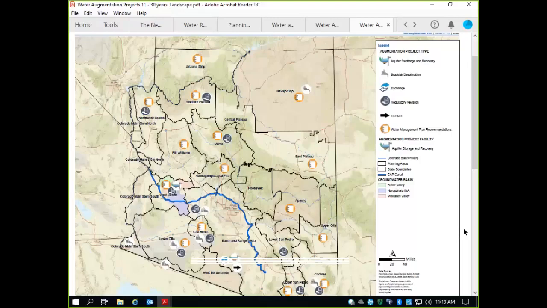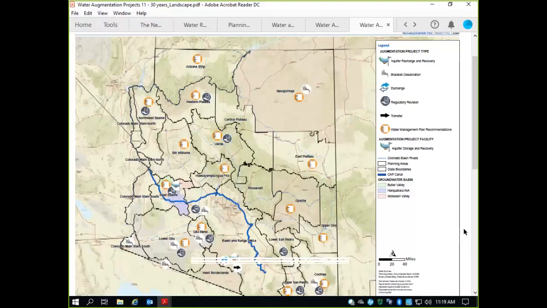There are some other projects on this map that I was seeing as somewhat preparatory to some of the ones on the next map. That has to do with the CAP canal, and some of this is already underway now anyway. Currently, our CAP water users can peak their flows a little bit.